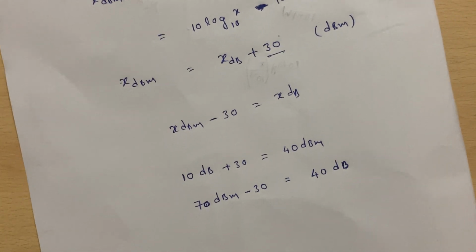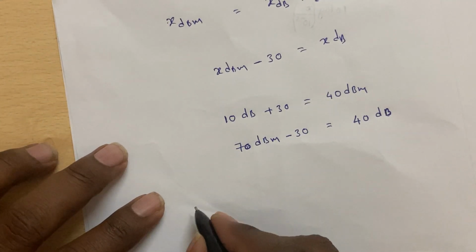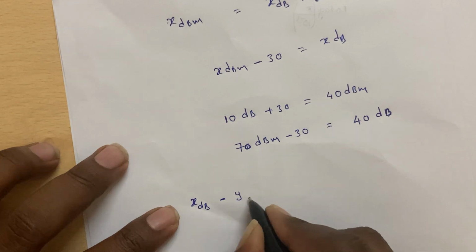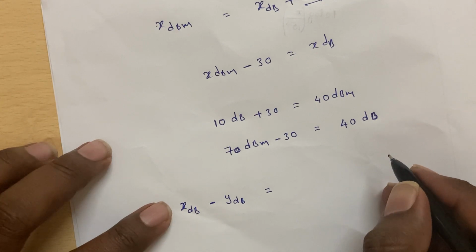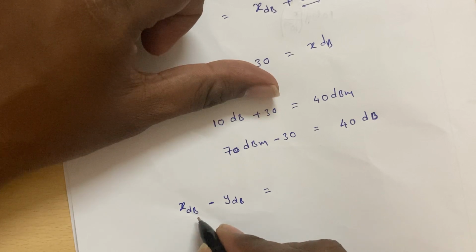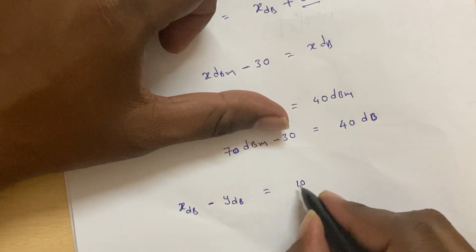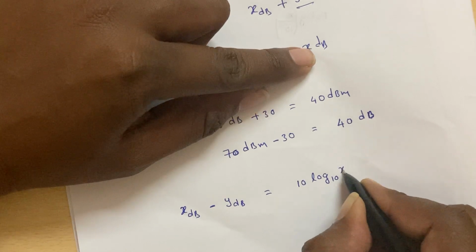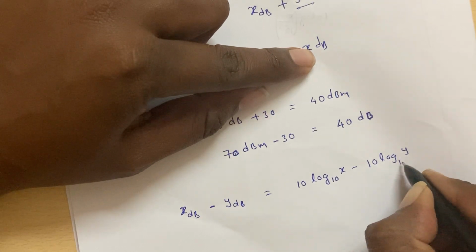This is one more thing you can do: the difference between two dB values. Say, for example, I have x dB minus some other quantity, say y dB. The difference will also be in dB. Why? Because here it is 10 log x base 10 minus 10 log y base 10.